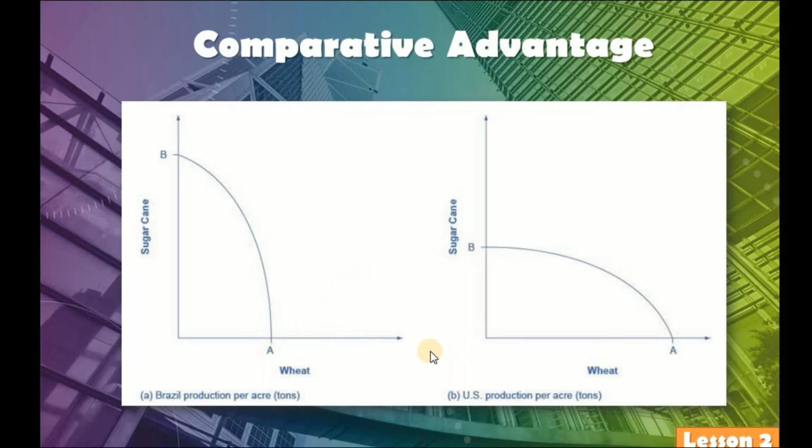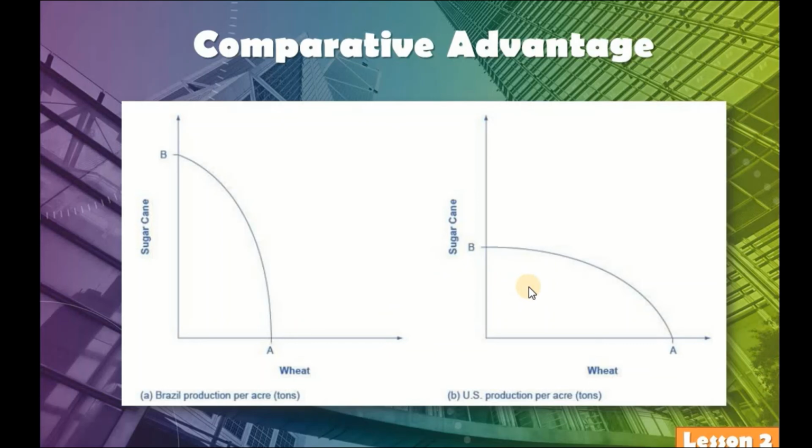Ang mas mataas na nagpo-produce ng sugar cane ay si Brazil. Dito naman, ang mataas na nagpo-produce ng wheat is si US. Kabalikaran. Okay? Dito naman, mas mababa si wheat.